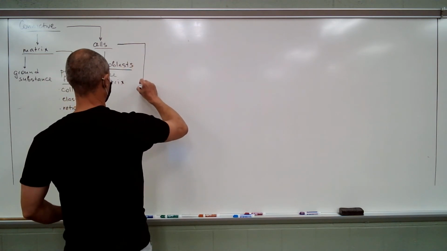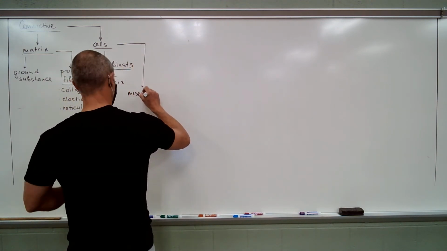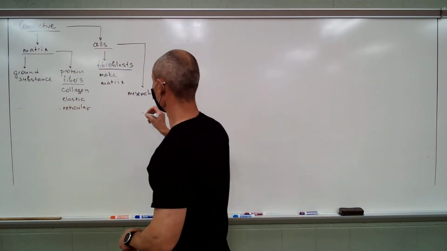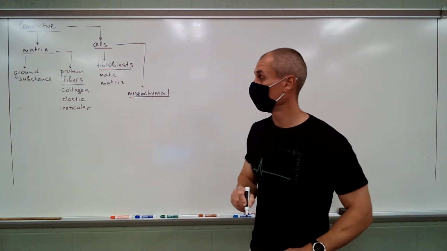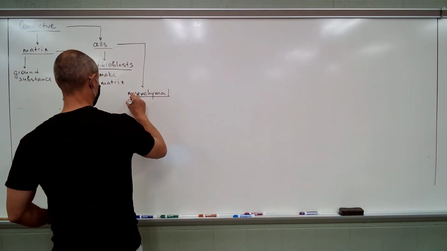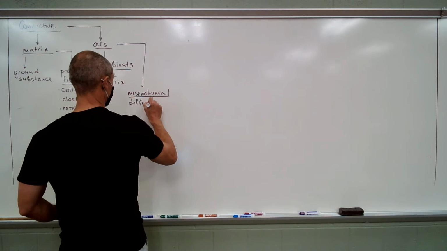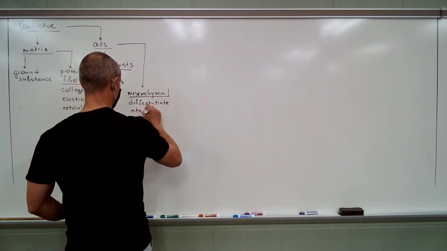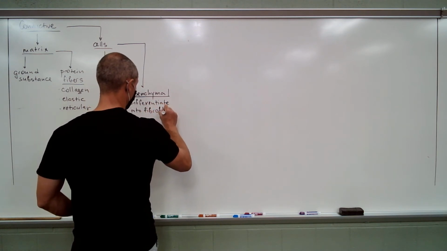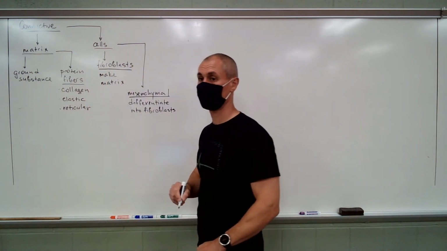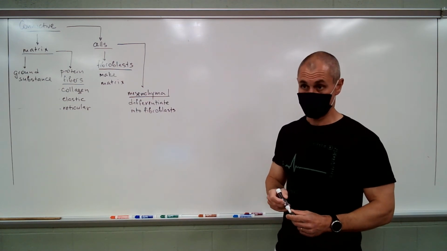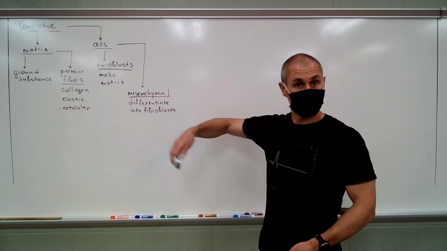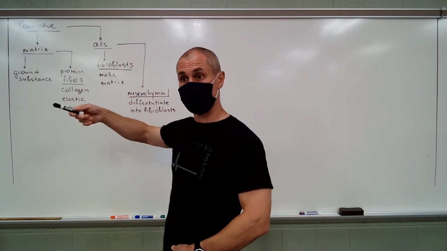Then you have mesenchymal cells. Those are stem cells. They differentiate into fibroblasts. Makes sense? It's just a unipotent stem cell that divides and differentiates into fibroblasts and so on and so forth.